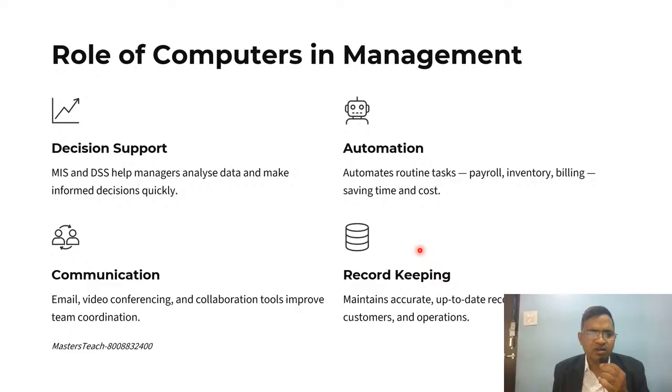Then communication, where you can communicate through electronic mail, video conference. Okay, you can have collaboration across the globe, and you can also keep records of all the things. So the role of a computer in management: one is decision making, and it supports decision making, automation, communication, and record keeping.